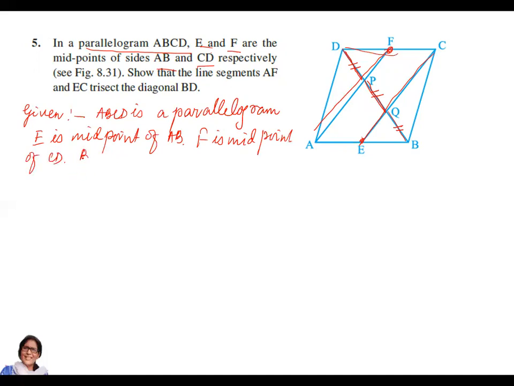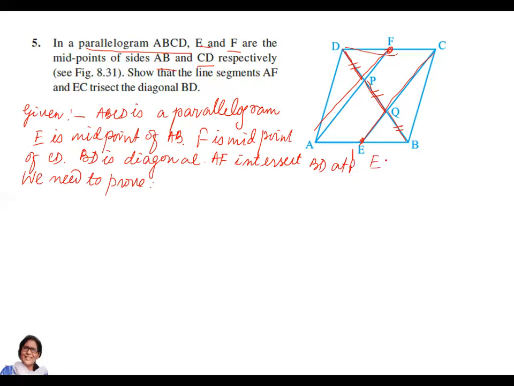And BD is the diagonal. Of course you can write here AF intersects BD at P and EC at Q. We need to prove DP is equal to PQ is equal to BQ.